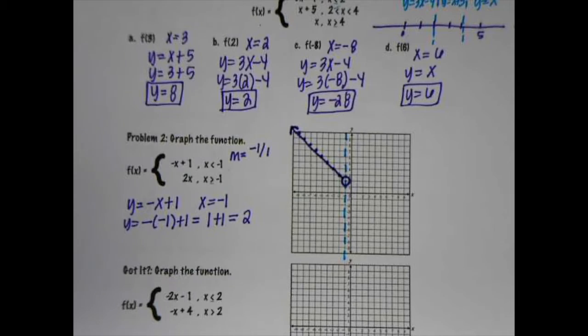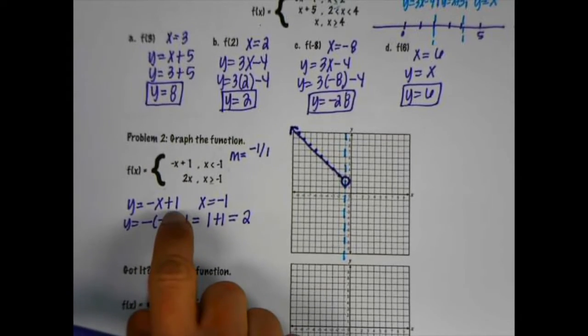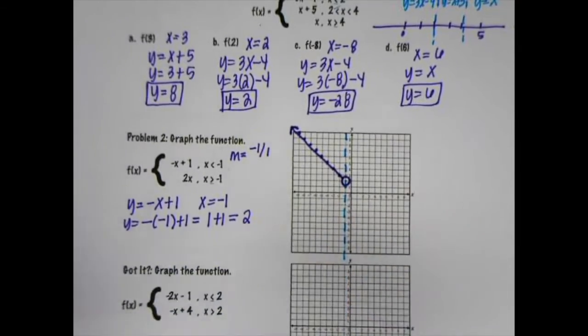The first part is like y equals -x plus 1, so that would technically be your y-intercept, but we just can't exist on the y-axis because it's only on the left. So you only graph the part of the line that you're allowed to have.